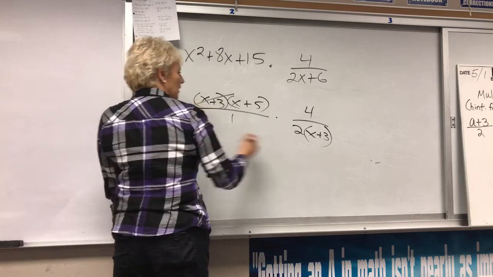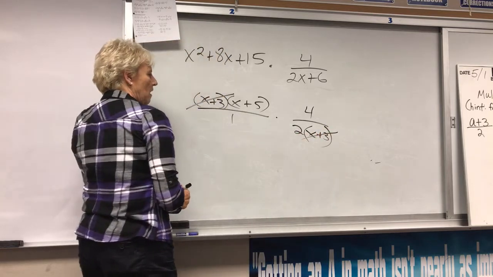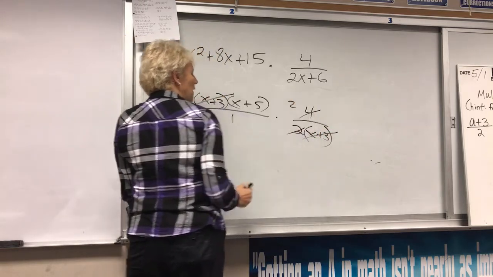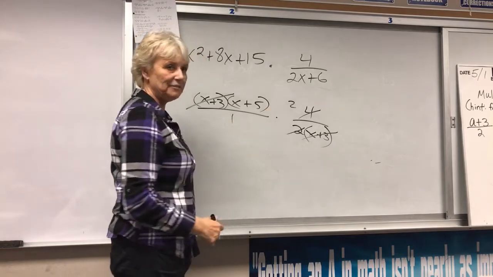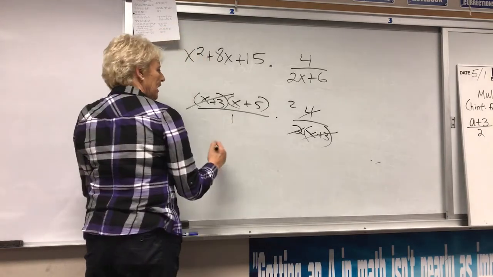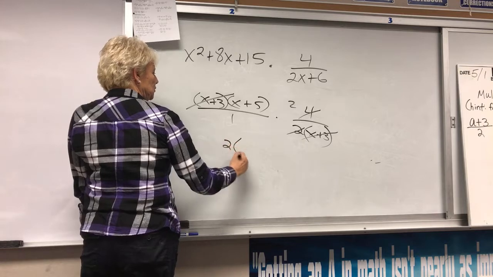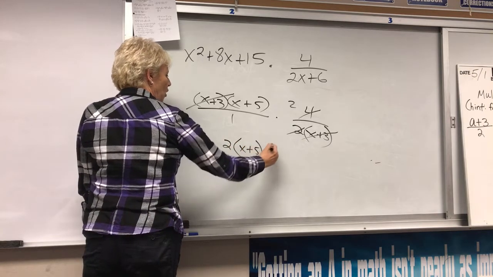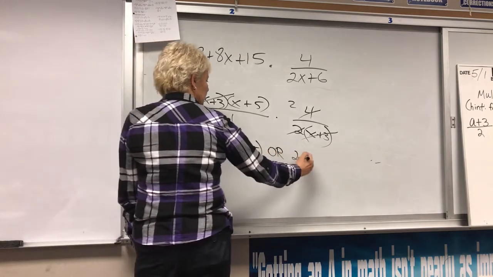All right, let's get rid of those. 4 and 2. You can get rid of it later if you miss something. Okay, so the final answer is either 2 times x plus 5 or 2x plus 10.